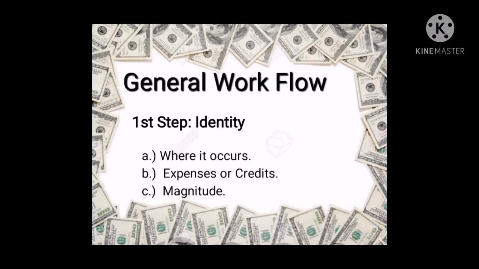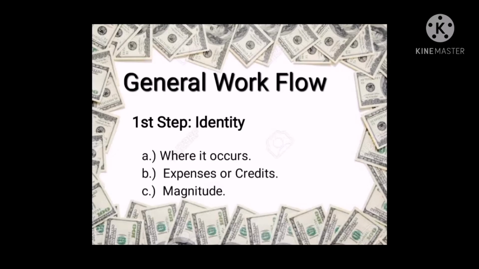B, expenses or credits. We need to determine whether it's expenses or credit. And remember, they can be disbursement, payments, revenue, and etc. But they're all one and the same, plus or minus.